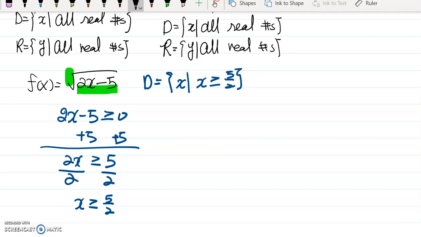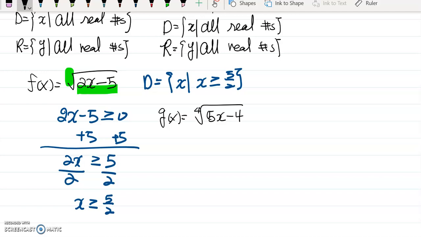Okay? So what about the given g(x)? I'm going to say square root maybe, 5x minus 4. Same thing. I meant fourth root actually, fourth root.